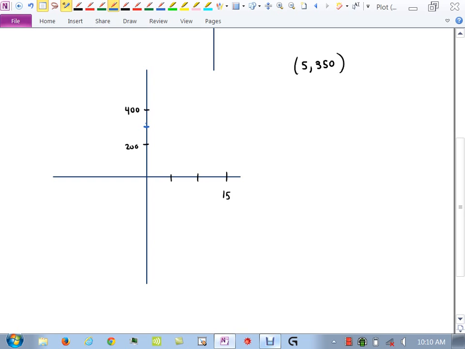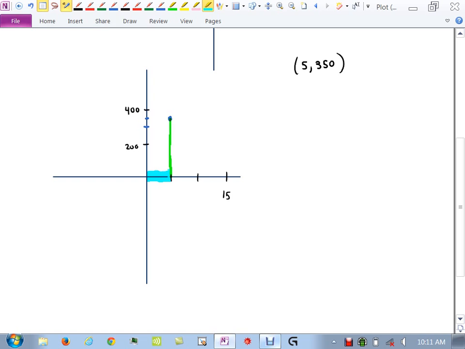Then halfway between that and the 400 would be 350, wouldn't it? So I could go out to the right 5 and up 350 would be about there. Y'all see that? Now this one is probably not as good as the one we had before, but it still illustrates the point, and you're there.